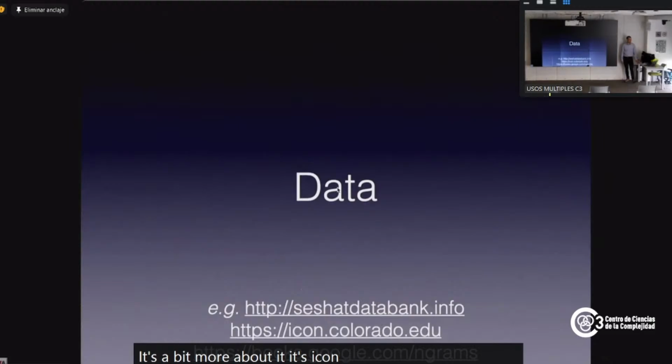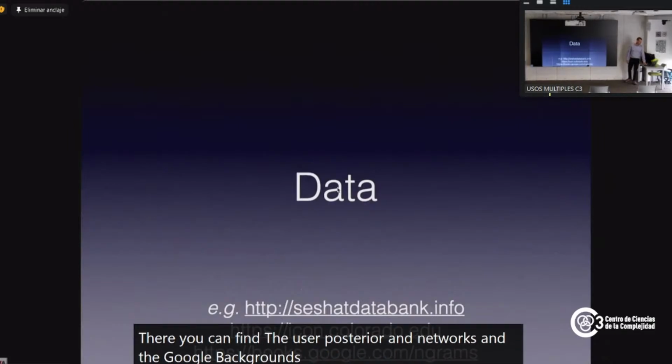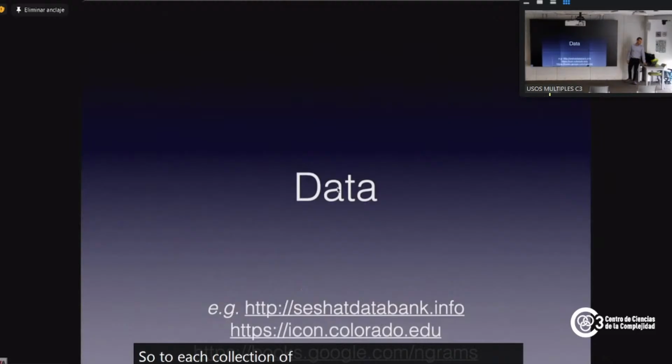ICON is managed by a professor from the University of Colorado. And there you can find a huge repository of different networks. And the Google Ngrams we already have mentioned. It's a huge collection of linguistic data in different languages.